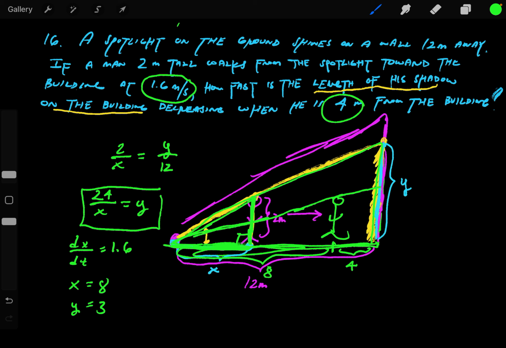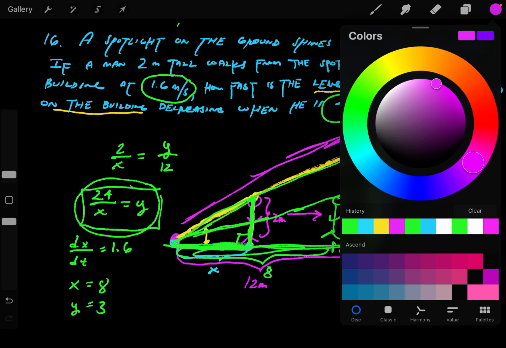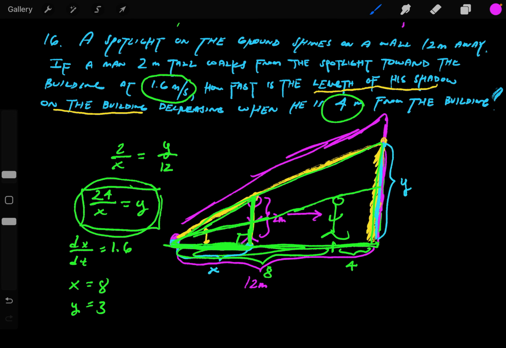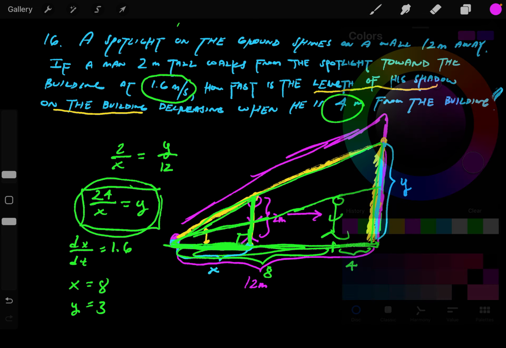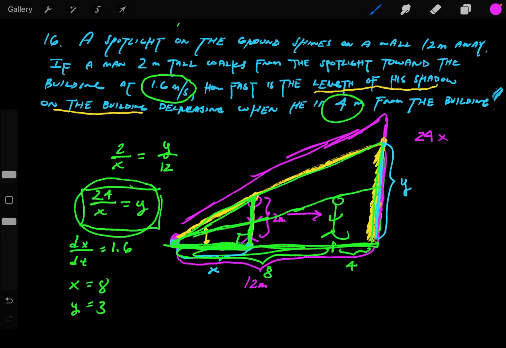And then my last step is to just differentiate the relationship that I solved for. This is 24, and remember, I'm differentiating with respect to t. 24x to the negative 1 is equal to y.